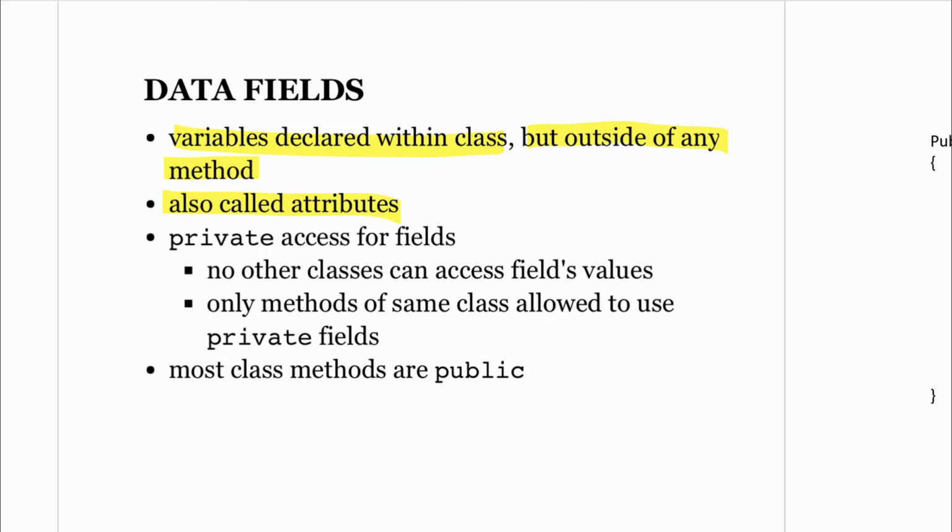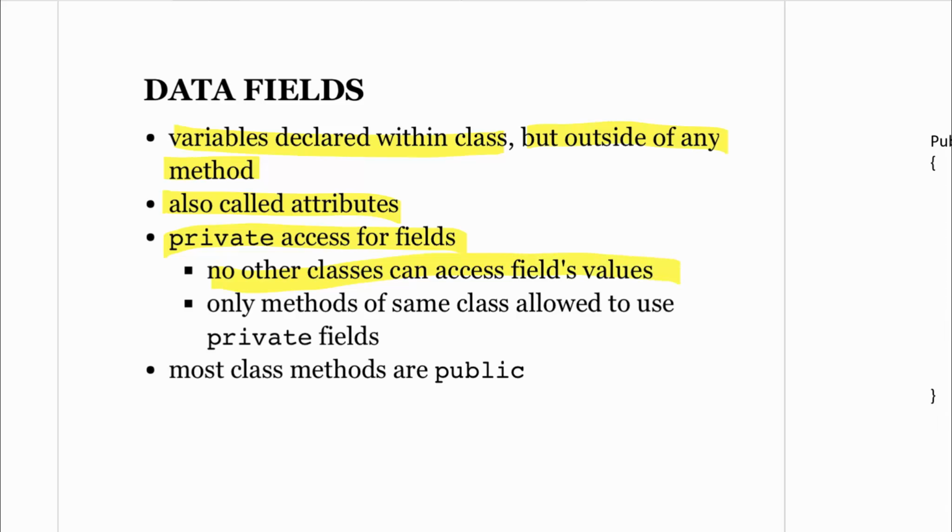Now, one thing to note about data fields or attributes is that they have private access for their fields. So, like we talked about earlier, you have different access specifiers. So you could have a public method or a private method or a public attribute or a private attribute. Now what that means is just that a public method or a public attribute can be accessed from outside of the class that it's declared in, whereas a private method or a private attribute means that no other class can access the field's value.